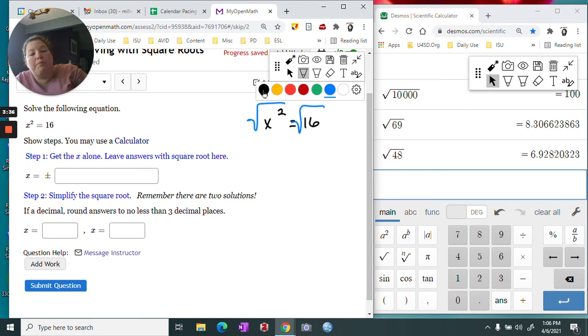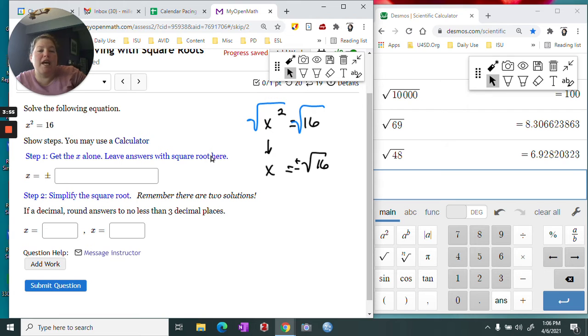So that brings me my x, and then the square root of 16, I actually have the positive or negative version. Now step 1 says get the x alone, leave the answers with the square root.